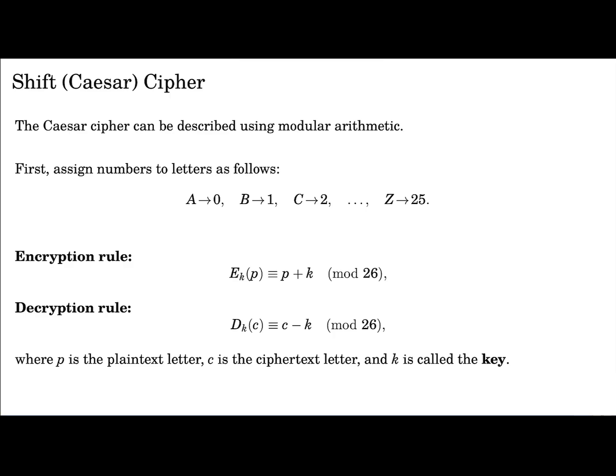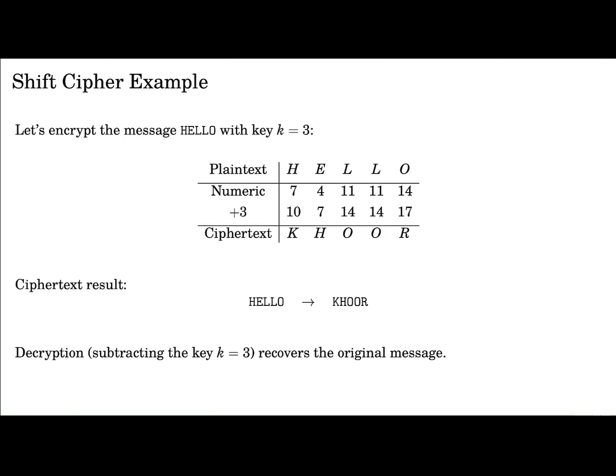So let's see an example of this. Let's say your plaintext message is hello, and your secret key is K equal to 3. First you transform the message hello into the numbers that correspond to it.